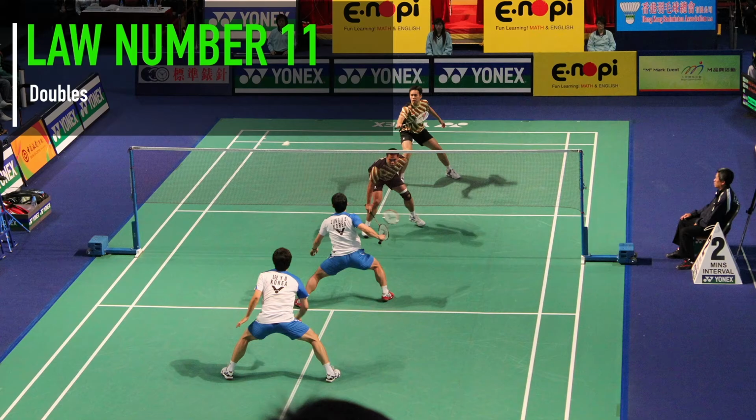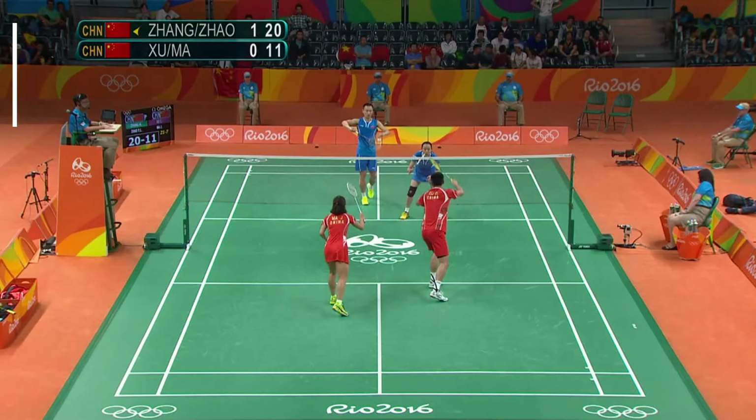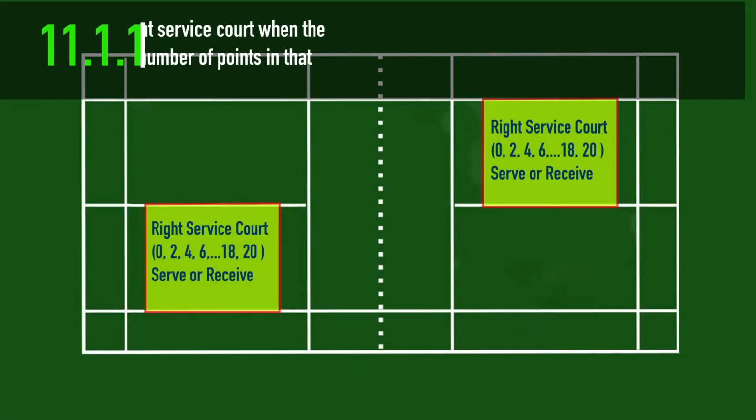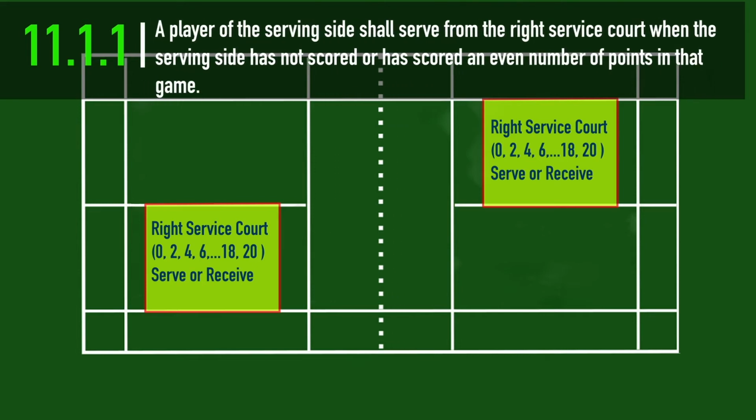Law number 11. Doubles. 11.1. Serving and receiving courts. 11.1.1. A player of the serving side shall serve from the right service court when the serving side has not scored or has scored an even number of points in that game. 11.1.2.